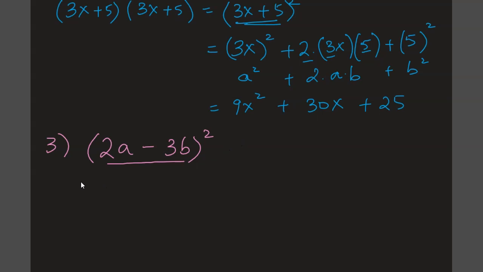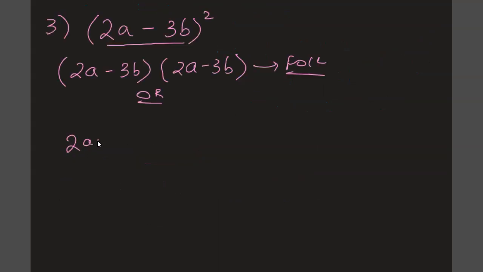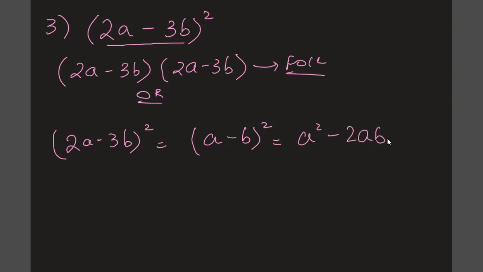This can be written as 2a minus 3b times 2a minus 3b, and you can apply the FOIL method to it, or straight away write the question as this and solve it using the formula, because if we have a polynomial expression in this form, we can write it as a squared minus 2ab plus b squared.